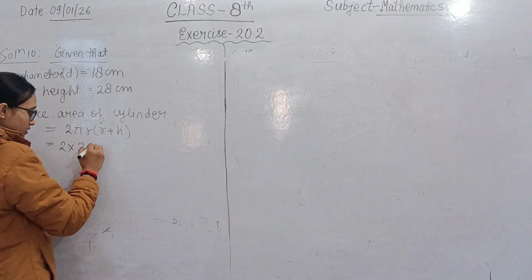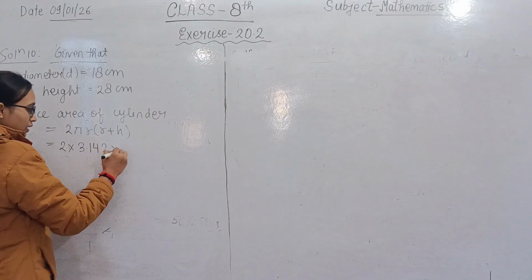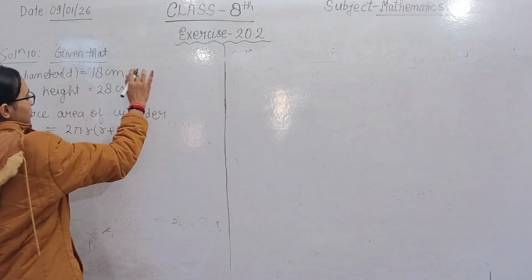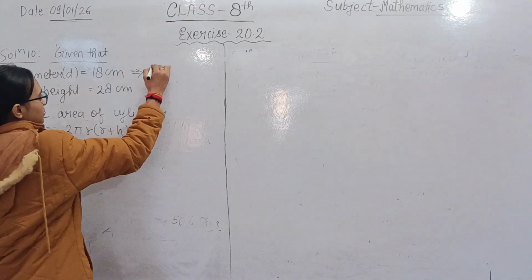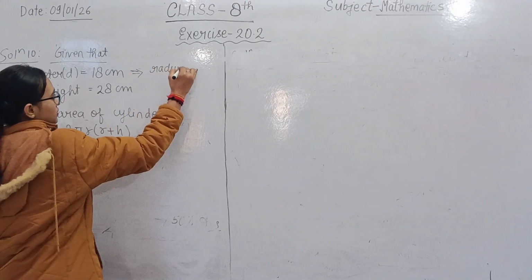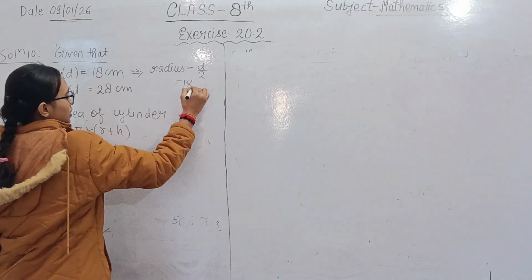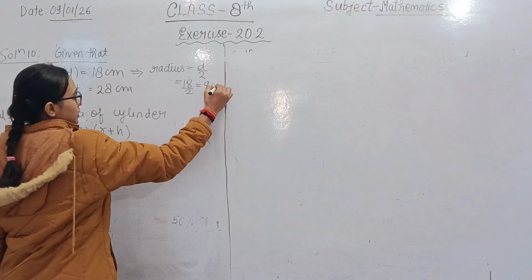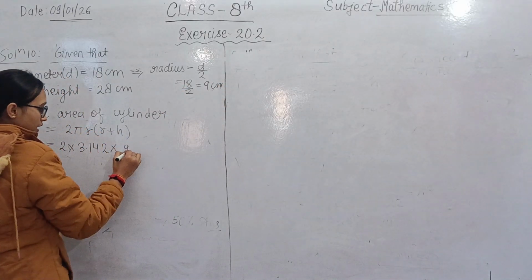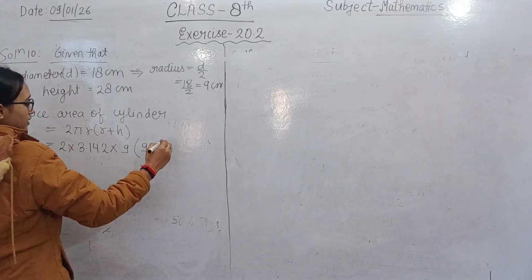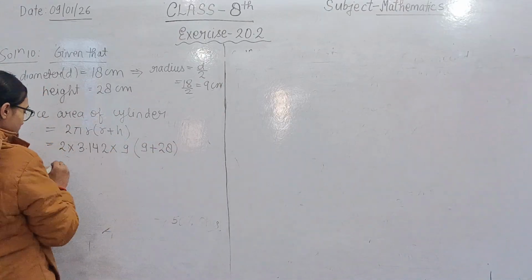So we will write it as 3.142 multiply by r. R means radius, and radius we can calculate here: diameter upon 2, that is 18 upon 2, which will be equal to 9 centimeter. 9 in bracket 9 plus height, h means height, and height is given as 28 centimeter.